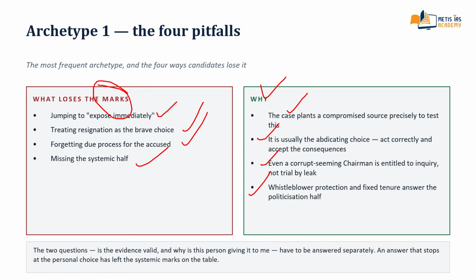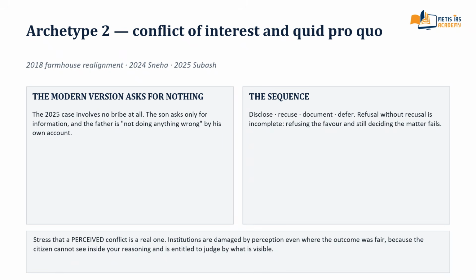Then we are moving to the second archetype, that is conflict of interest and quid pro quo. Representative cases: a road realignment routed towards a minister's farmhouse, with the land offered in your wife's name, 2018. Sneha, heading hospital procurement, whose brother is a well-known supplier and has submitted an expression of interest, 2024.